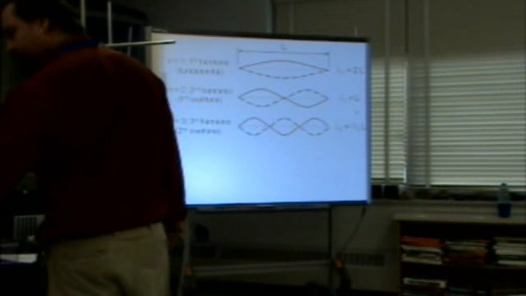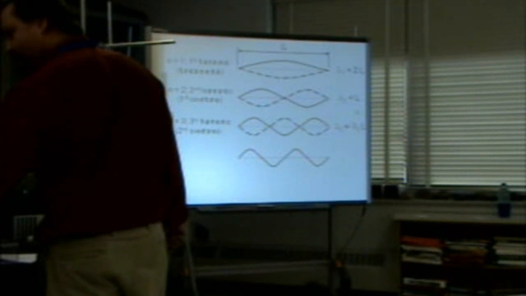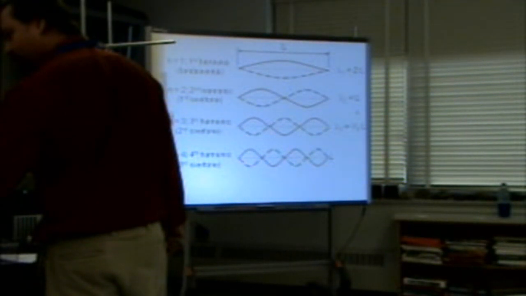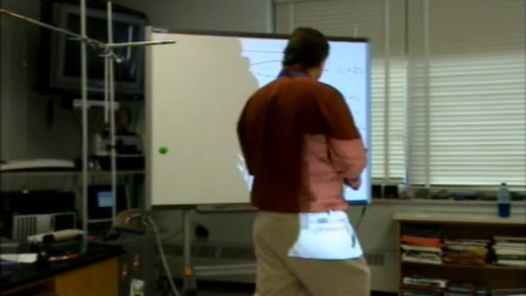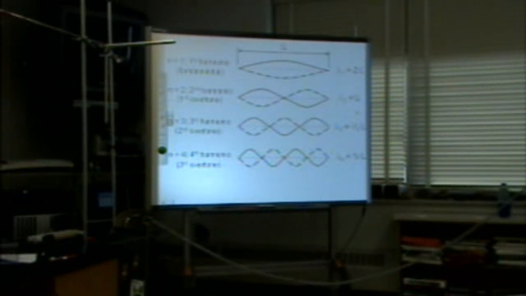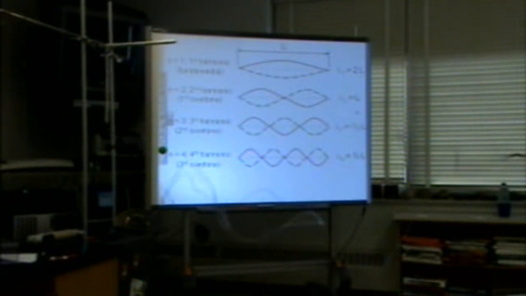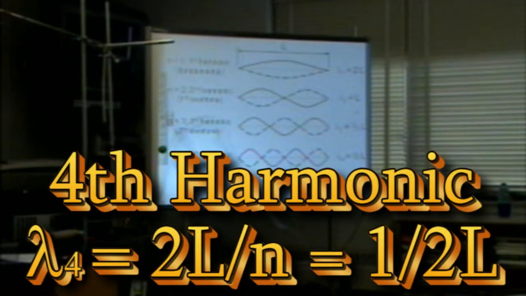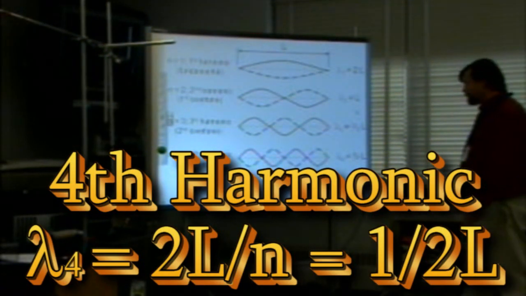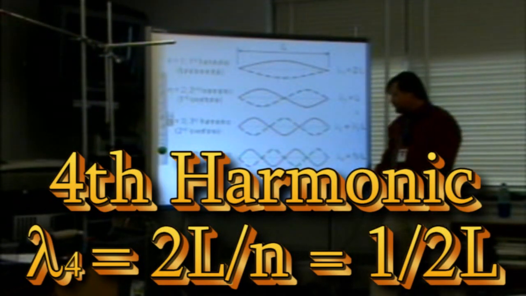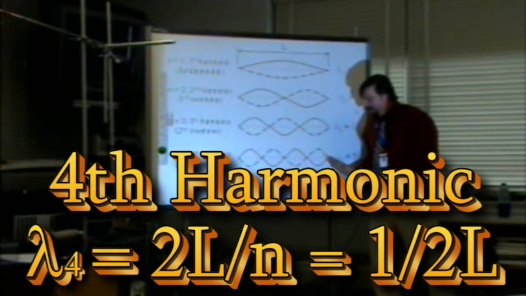All right. So now we got 4 antinodes, and that's 1/2 the length. You see that? So you had 4 of these antinodes, and one wavelength is half of the entire length.